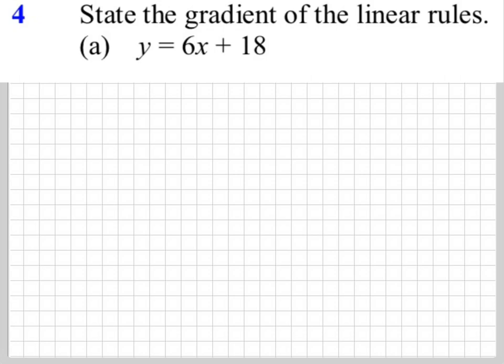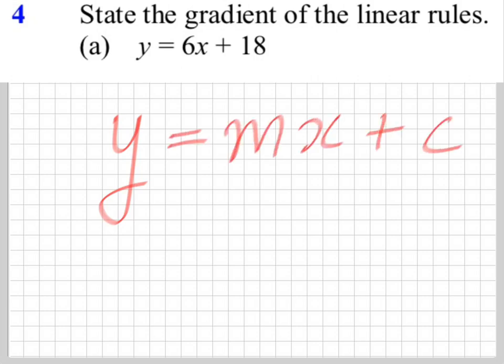Now, to answer this question, we need to know what the format of the gradient is. And we know that the formula is y is equal to mx plus c. If we can make that very similar to what the question is, we should be able to find out what the gradient is.